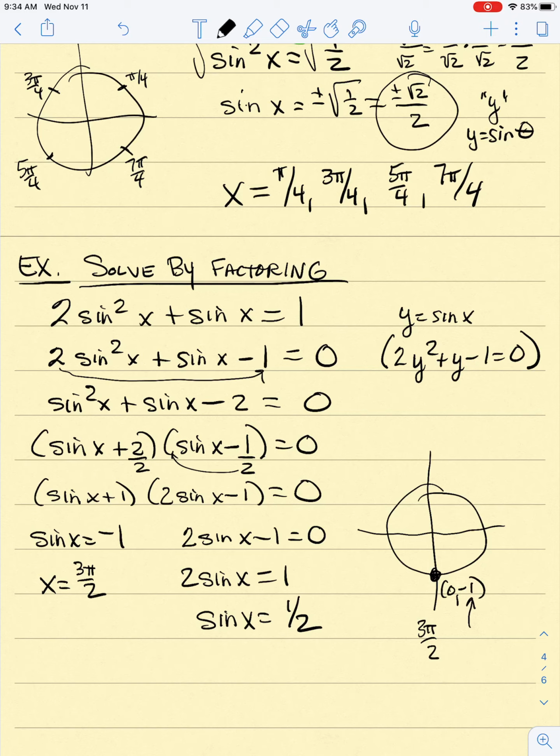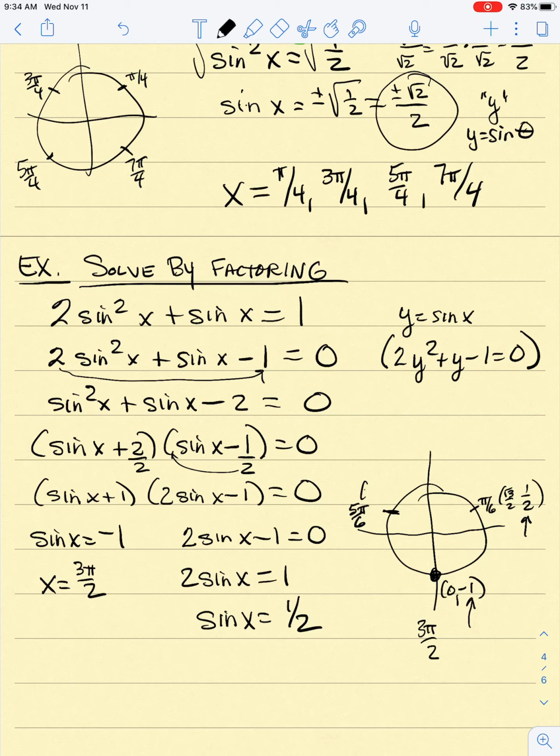All right, then we've got to think about where is sine 1/2. Where is the sine 1/2? Okay, so here at pi over 6, we should be square root of 3 over 2, 1/2, there he is. And then over here in the second quadrant, if we come around the circle, we're at 5 pi over 6.